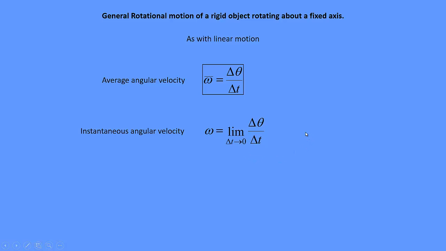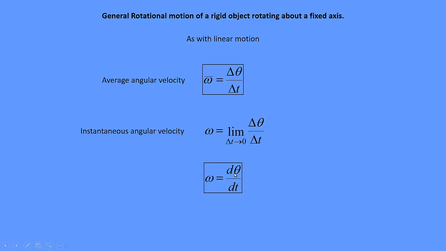Hopefully by this point in the year you are a little more versed in limits and derivatives from your calculus classes. Taking the limit as delta t approaches 0 is really just taking a derivative. So the instantaneous angular velocity is the derivative of the angular position with respect to time.